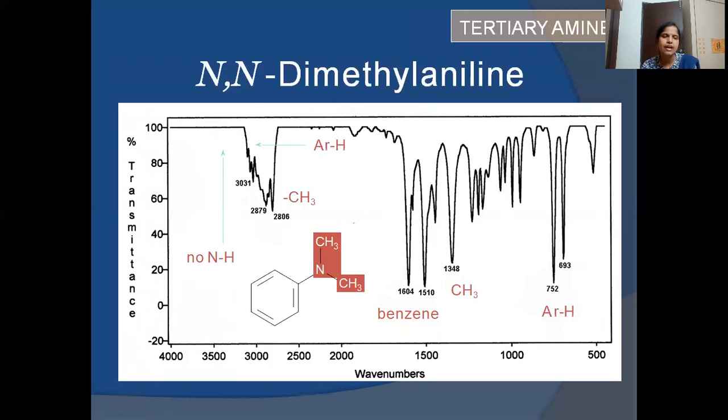So what will we have? We have only sp2 CH. This one, 3031, refers to sp2 CH stretching, and this is sp3 CH because we have methyl groups.